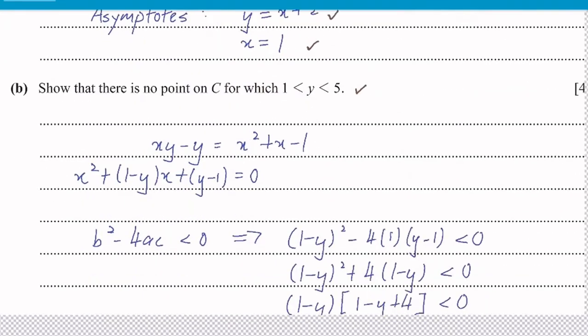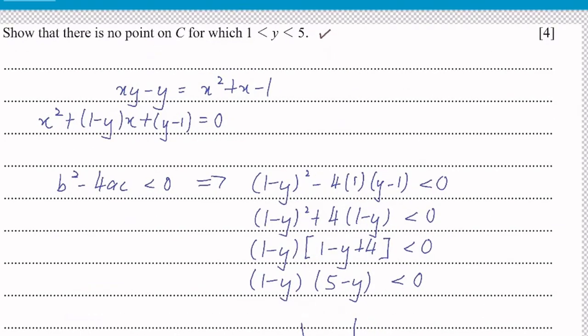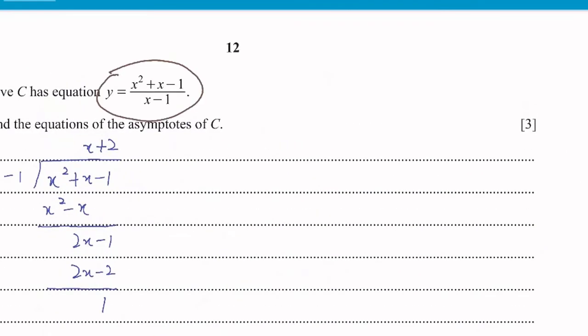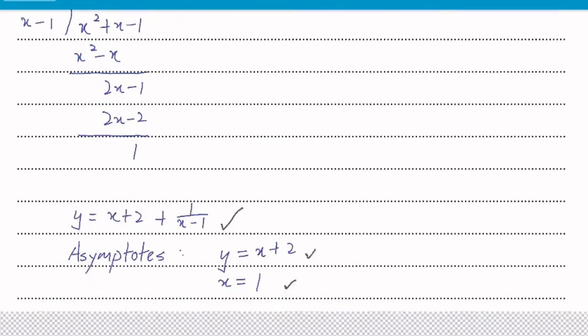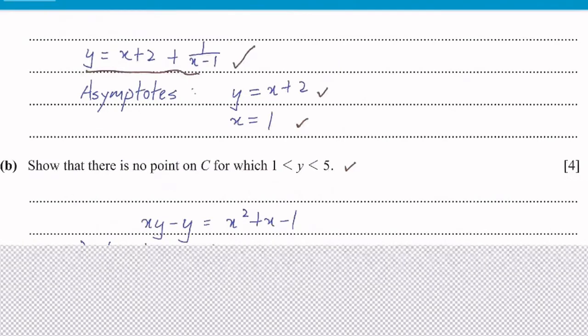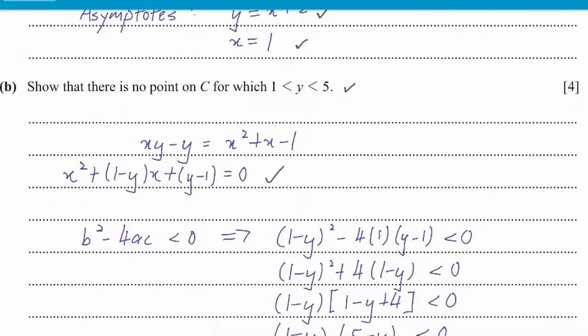In that case, we will have to rearrange the equation. Of course, it will be easier if we start from this form rather than the form where we have done the long division. So we want to express that equation as an equation in terms of x, with all the y's as the coefficients.